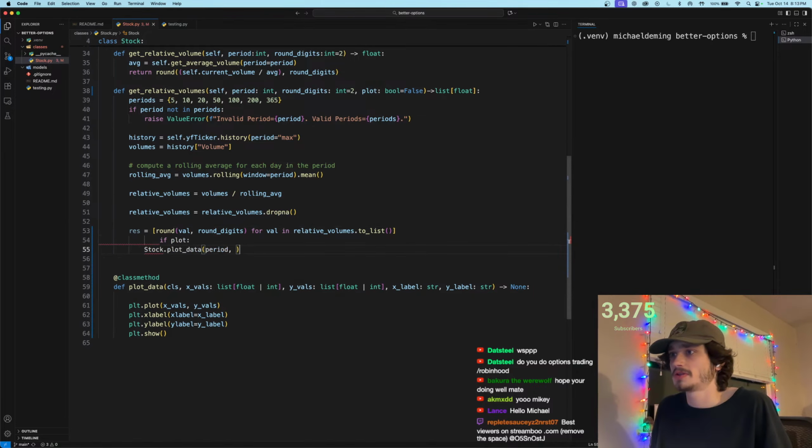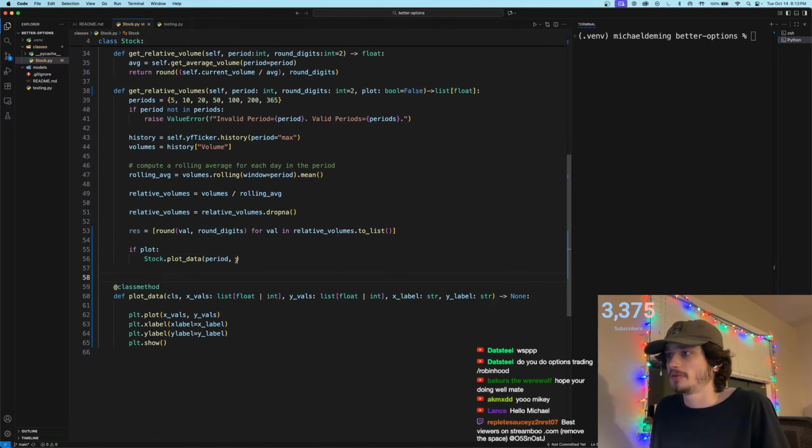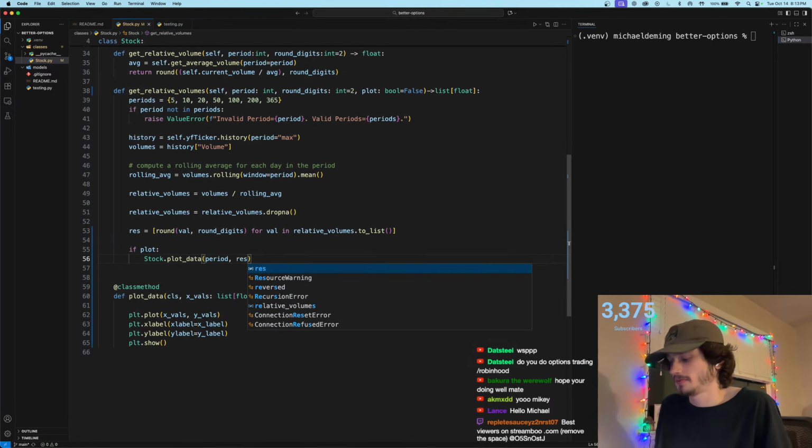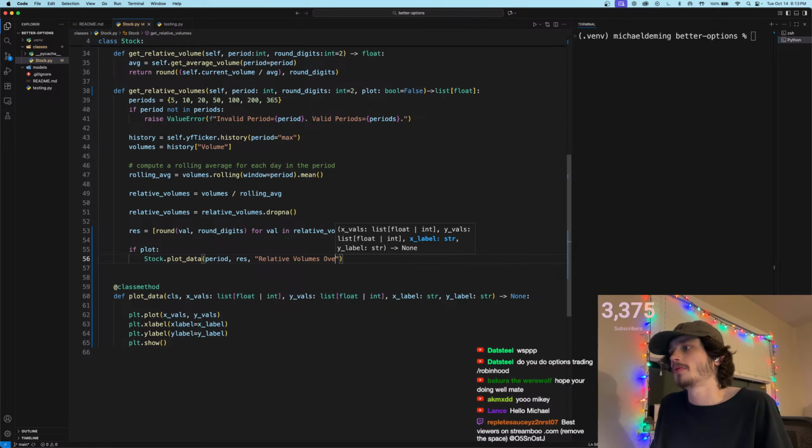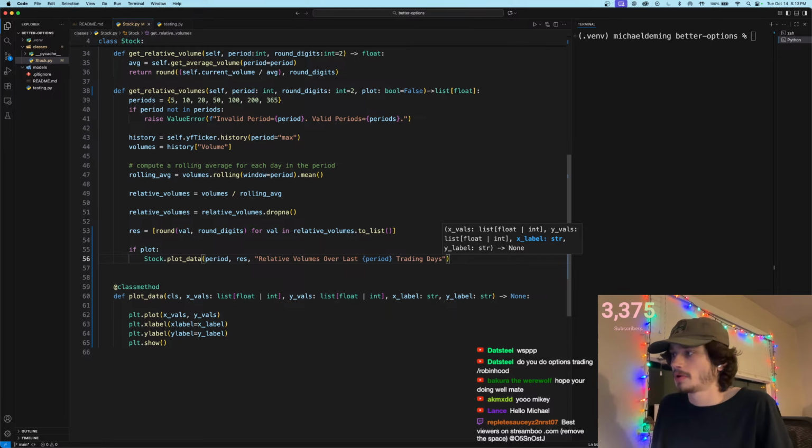Now we're going to be here and say if plot, right? We're going to return the result. X label is going to be relative volumes over last, and then we'll put in here the period, trading days, right?